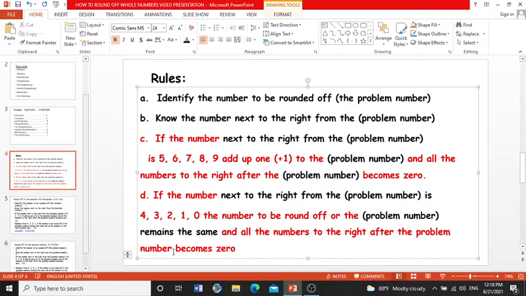So similarly the same thing happens with the other number, except that the target number, or the problem number, will never change. I hope you understand that.